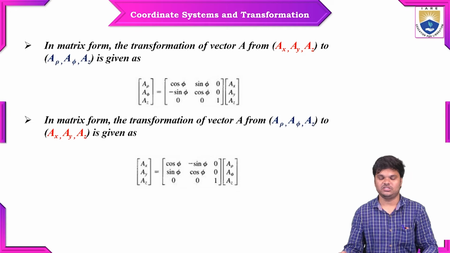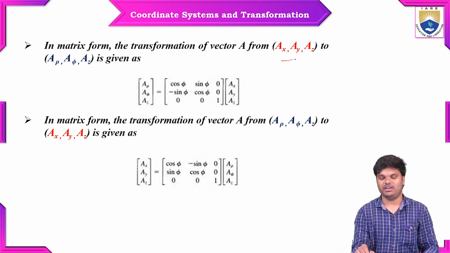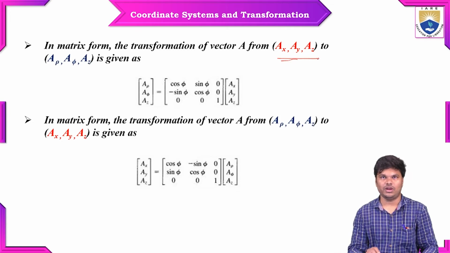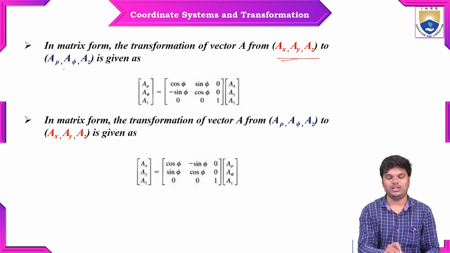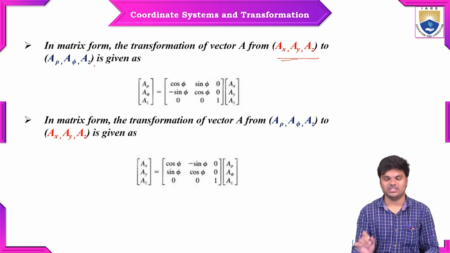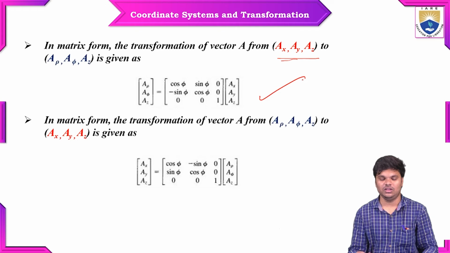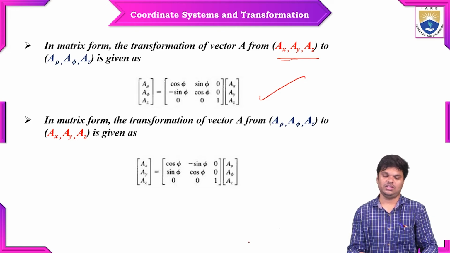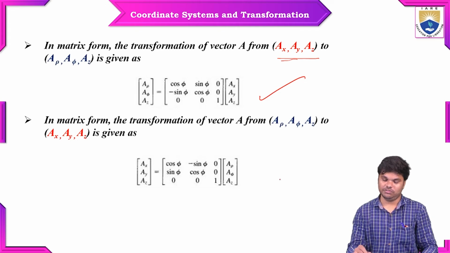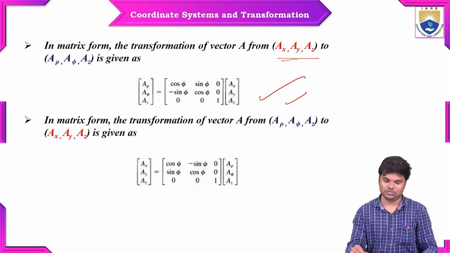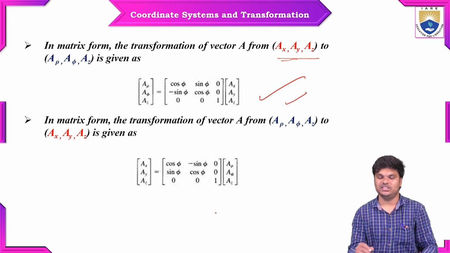Next, transformations. Suppose Ax, Ay, and Az are known, we have to find the equivalent A rho, A phi, Az. And this is how we should find the cylindrical coordinates. If cylindrical coordinates are known, then how do we find out Cartesian coordinates? From this, we can find out easily.